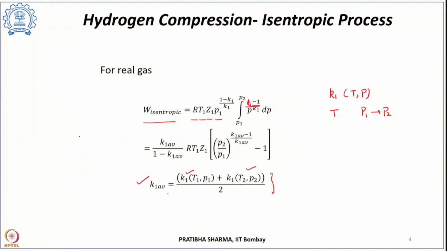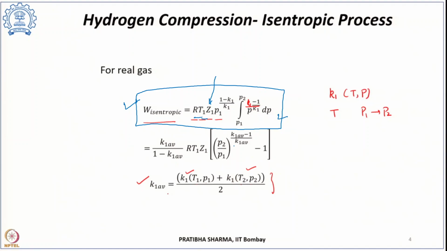And similarly for the isentropic conditions, earlier was the ideal condition, this is the real gas situation work done: RT1 Z1, where Z1 is the compressibility factor, and (k1 divided by k1 minus 1) times P1 times (P2 to the power (k1 minus 1) divided by k1, minus 1). This is the formula.